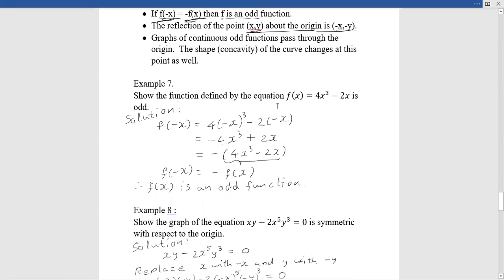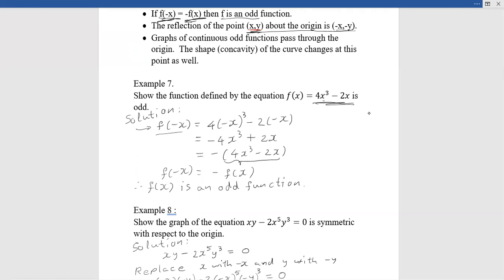Show that the function defined by the equation f of x equals 4x cubed minus 2x is an odd function. What we do is find f of negative x. That means replace x with negative x in the given equation.